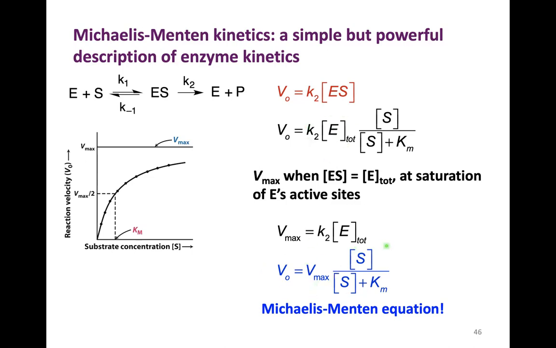And this, voila, biochemist, is the very famous Michaelis-Menten equation. Okay, our initial velocity is defined as a function of the V max, the maximal velocity, so only the substrate concentration and the Michaelis constant.